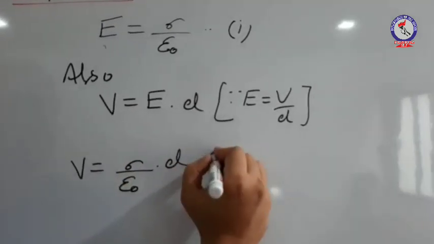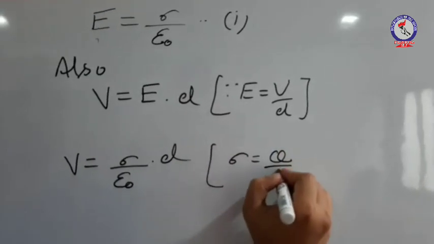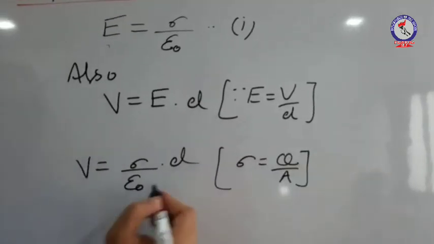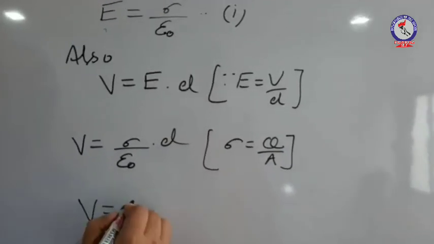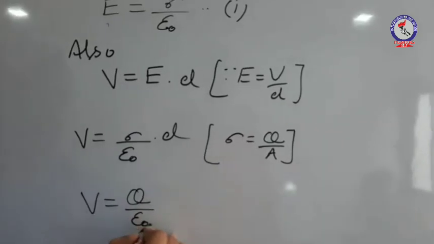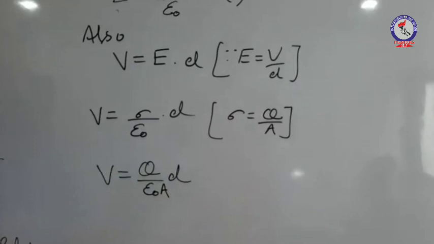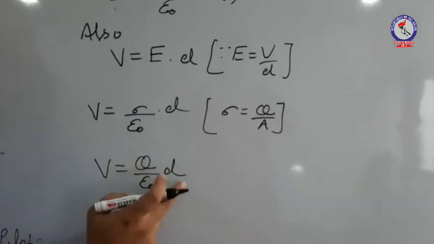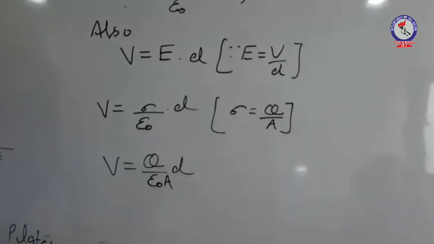We have just gone through the fact that sigma represents charge per unit area. Substituting the value of sigma, you have V equals Q upon epsilon 0 A into d.